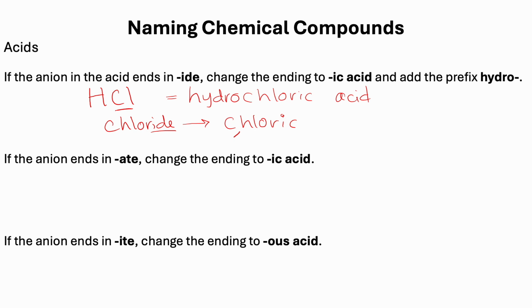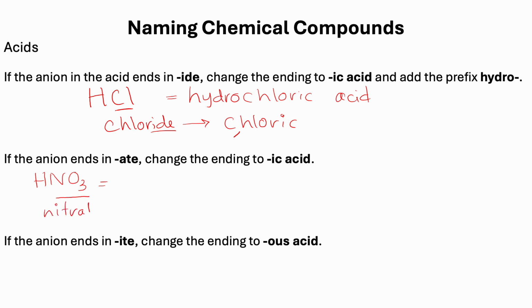If the anion ends with ATE, change the end into IC. If you have HNO3 acid, so this is ATE, ending with ATE because it's nitrate.